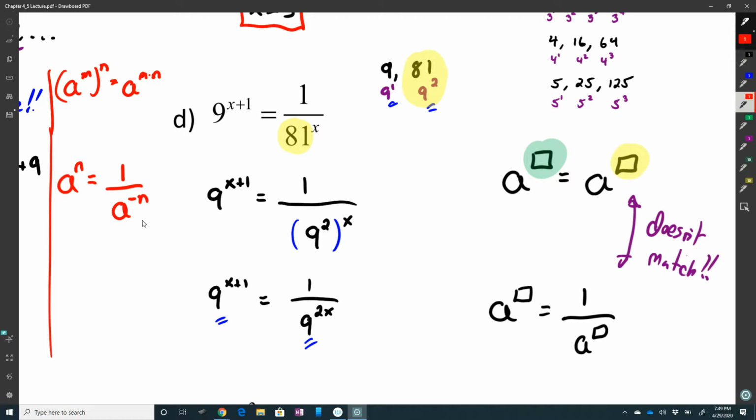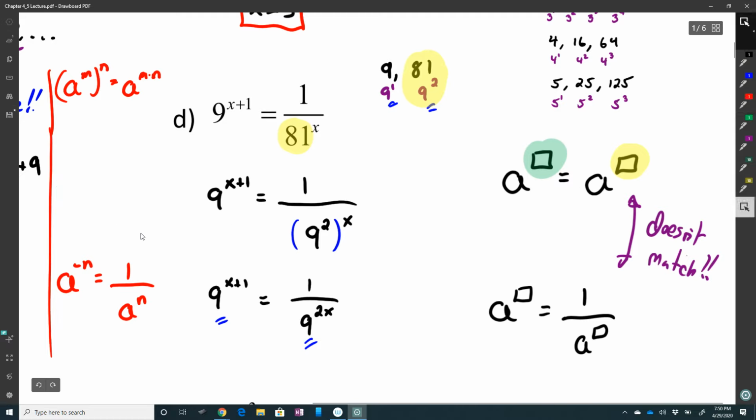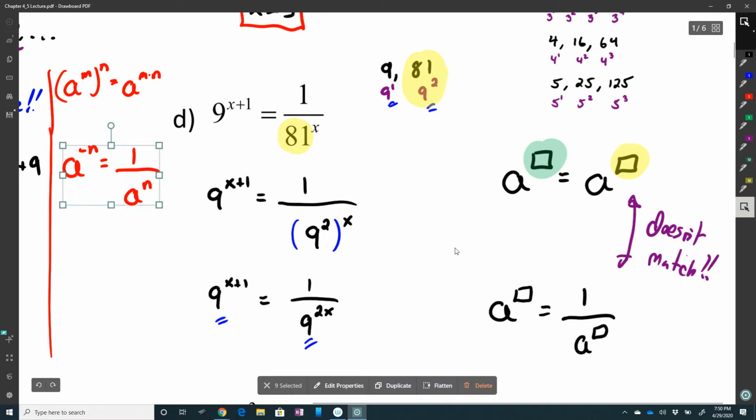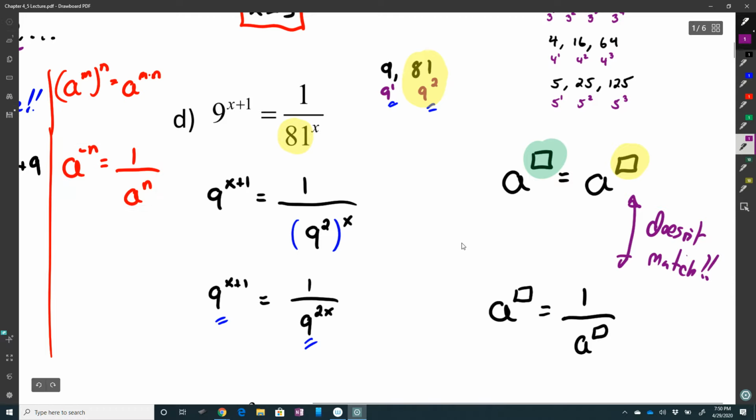Or we can do it in reverse: a to the negative n is equal to 1 over a to the n. I'll use that one first since it has the negative sign. It's the same formula, but I don't want to be confusing. So whenever you have an exponent in the denominator, it's really a negative exponent.